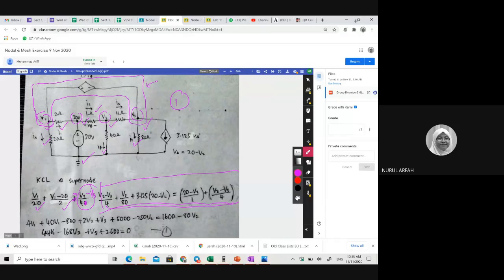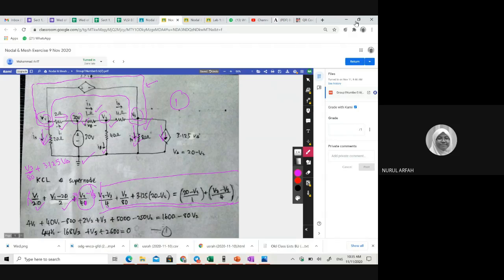And then here you have another equation, which is V3 divided by 80, and then plus 3.125 V5. Because over here, going out, going out, going out, and going out, so you should add everything. Those 4 on the right side.